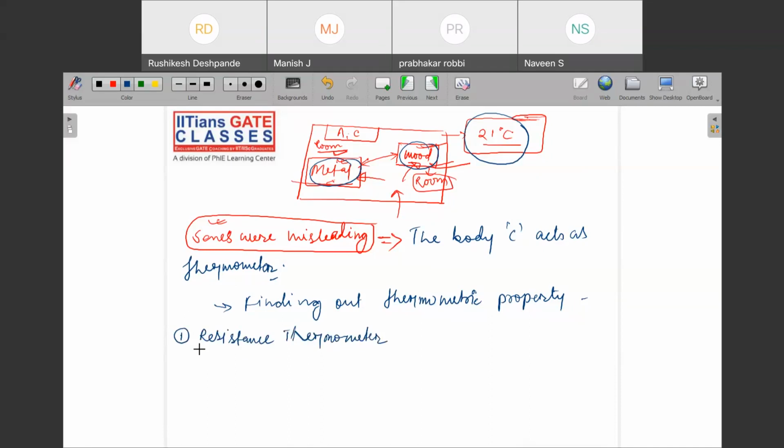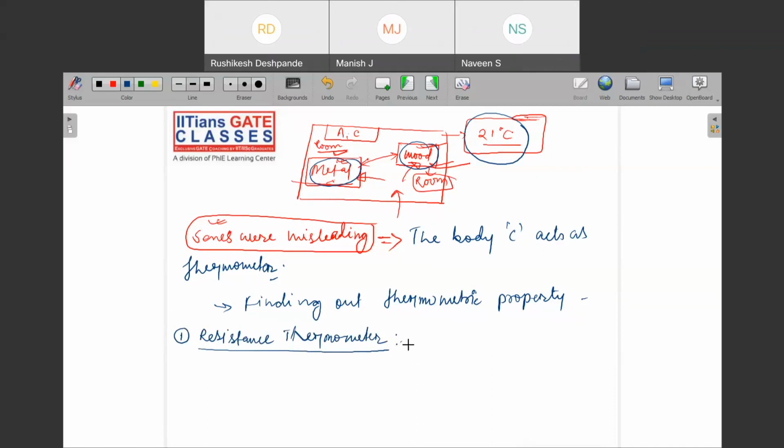What is this resistance thermometer? We have heard the name Wheatstone bridge, right? The resistance thermometer works upon the Wheatstone bridge principle, and here your thermometric property is change in resistance.